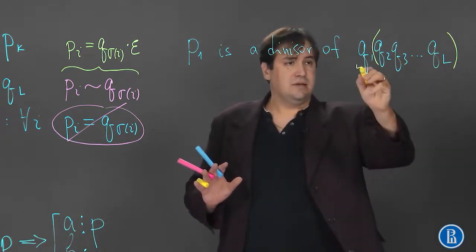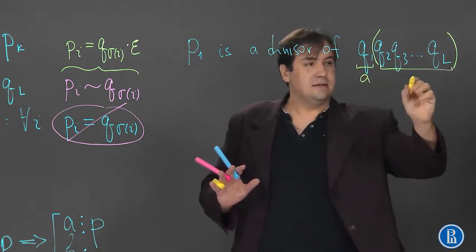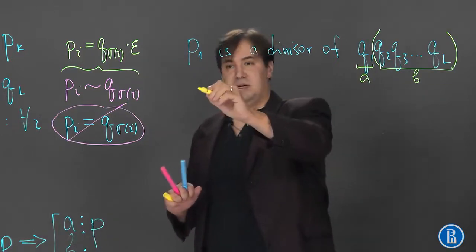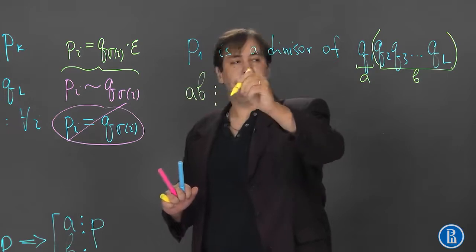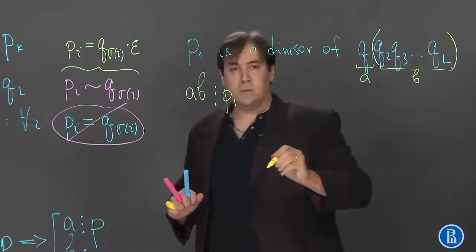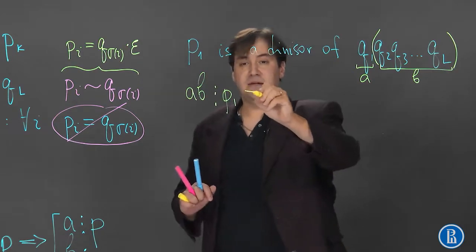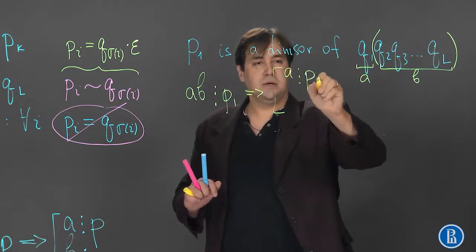So this is, in some sense, A, and this is B. So we have that AB is divisible by P1. So we understand that it means that either A is divisible by P1 or B is divisible by P1.